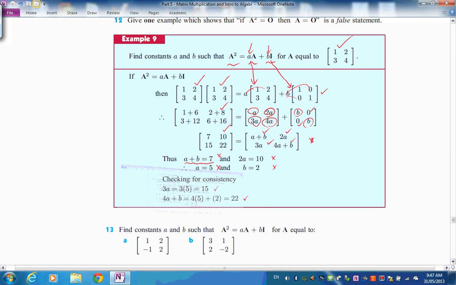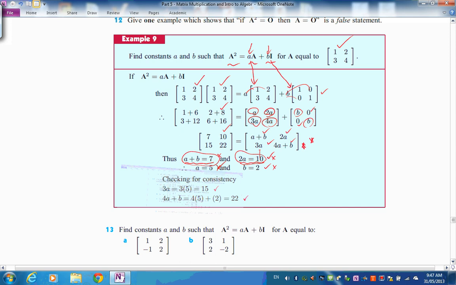So A plus B would be 7, 2A equals 10, so that's okay. Therefore A is 5 from that one, and B is 2. Solving those two, 2A is 10, so that gives you A is 5, and then stick 5 in here, B would be 2. And now you've got to check the bottom row.